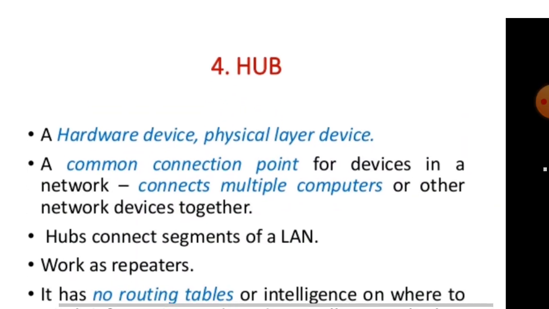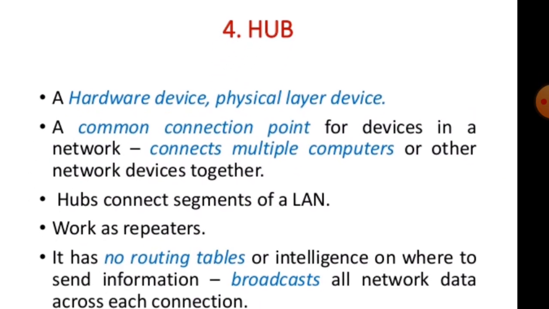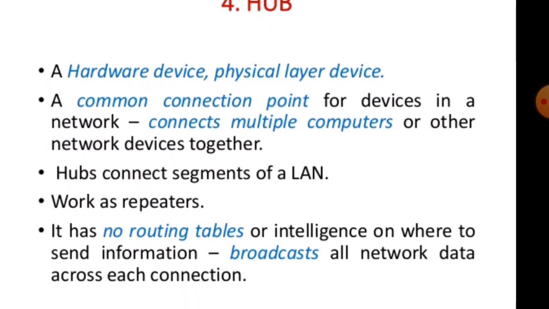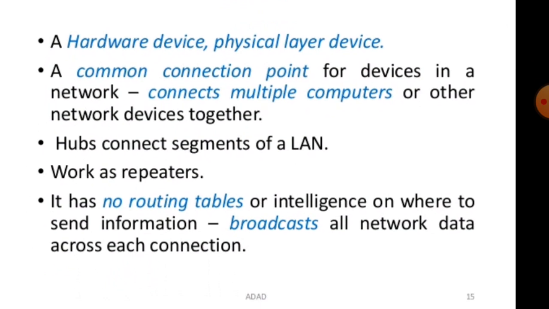Next device is hub, a hardware device, a physical layer device, a common connection point for devices in a network, which connects multiple computers or other network devices together. Hubs connect segments of a LAN and work as repeaters. It has no routing tables or intelligence on where to send information.